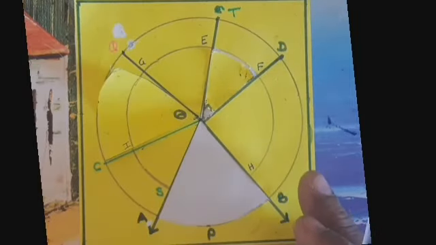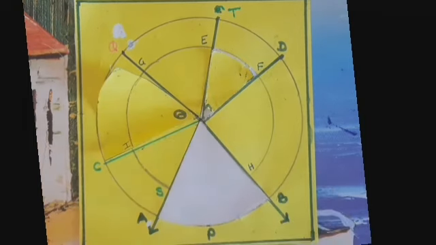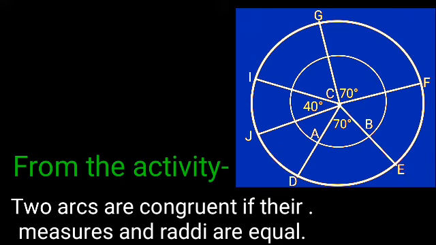From the above activity, two arcs are congruent if their measures and radii are equal.